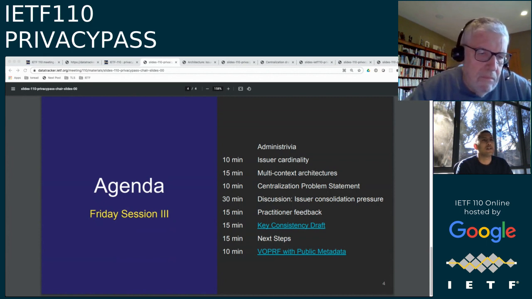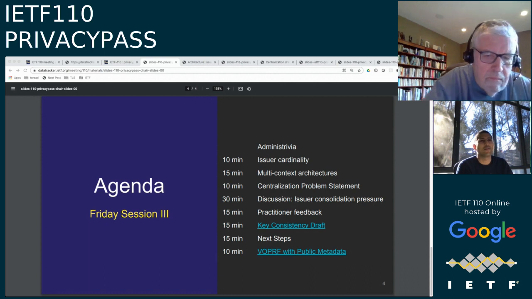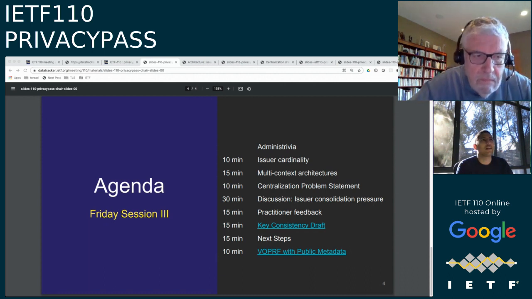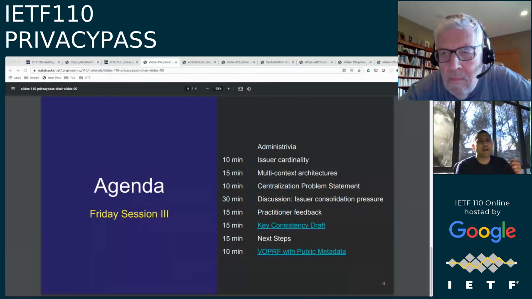So unlike DoH and stuff like that, where the linkability comes from knowing the IP address of the user, which is delinked by using third-party proxies, here the linkability comes from the fact that when you redeem it, you actually have those attributes that the credential or the anonymous token was issued to you for.